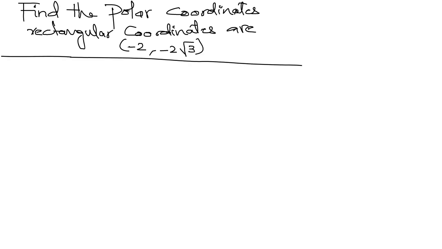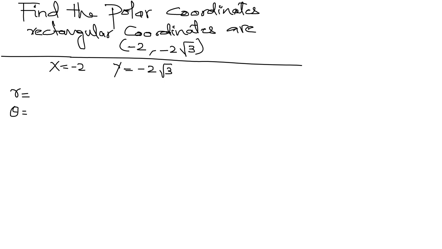It means x is given, which is minus 2, and y is given, which is minus 2 times square root of 3. We have to find r and we have to find theta.